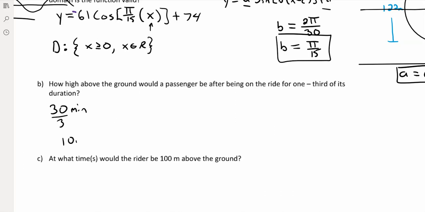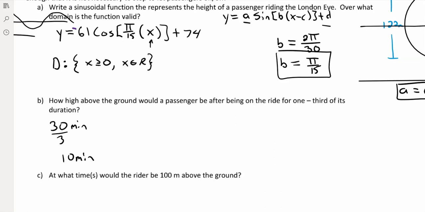So after 10 minutes, how high would you be? Well, we have an equation for that now, right? So now we can just plug that in. That would be y, or h, is equal to negative 61 times cosine pi over 15, and then instead of an x, I'm going to put in the time, right?